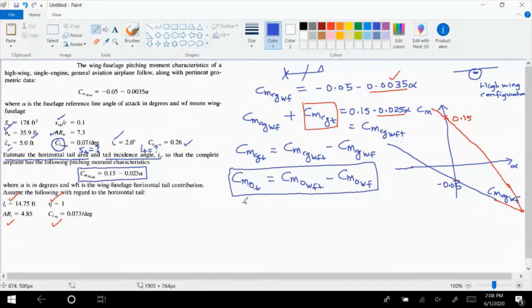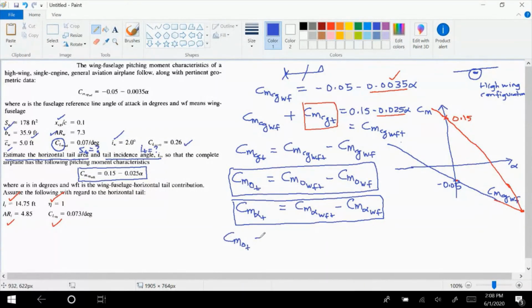And another thing is Cm alpha tail is also equal to Cm alpha wing fuselage tail minus Cm alpha wing fuselage. So these two relations are going to be useful. So let's find the value of this Cm0 for the tail.